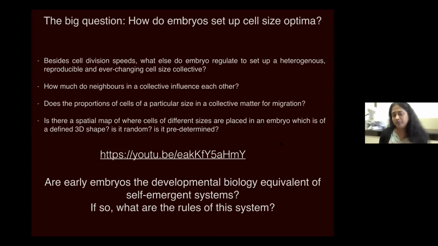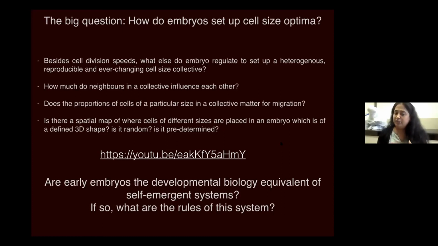And in early embryos, the way we are looking at it is that maybe this emergence of a collection of cells and the conversion of that collection into a 3D shape could be viewed as a self-emergent phenomenon, because the complexity of the process and the fact that there is not a single gene or protein or RNA or collection of proteins or RNA that seems to be doing it, makes us lean towards the hypothesis that these could be self-emergent properties.